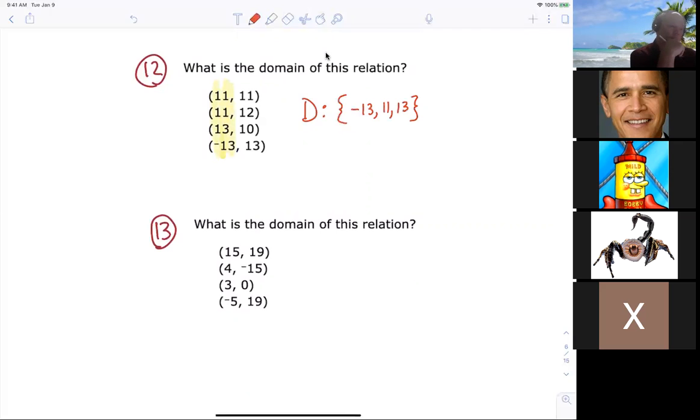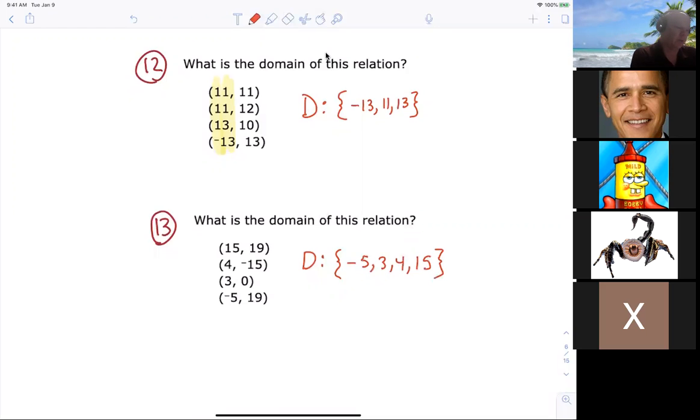How's that, guys? All right, essentially 13 is the same exact problem. Domain. Somebody tell me what the domain is. -5, 3, 4, 15. That is perfect. Thank you so much.